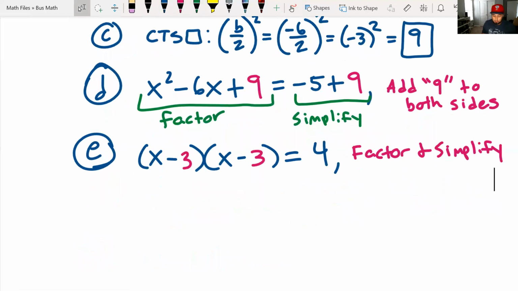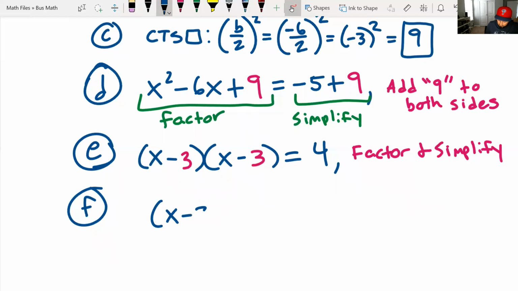Okay, well, the last step is to solve. So F, we need to clean up the left side. X minus 3 times x minus 3 means I have x minus 3 squared equal to 4.